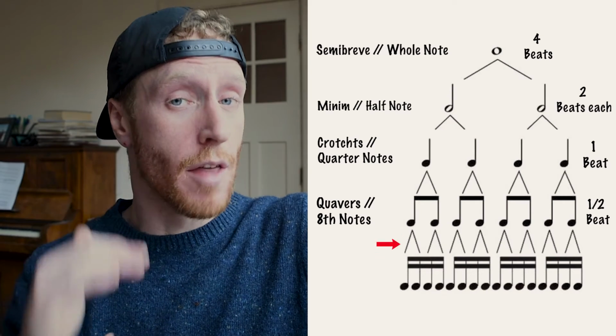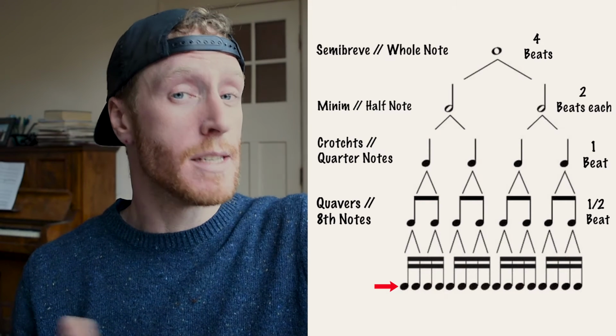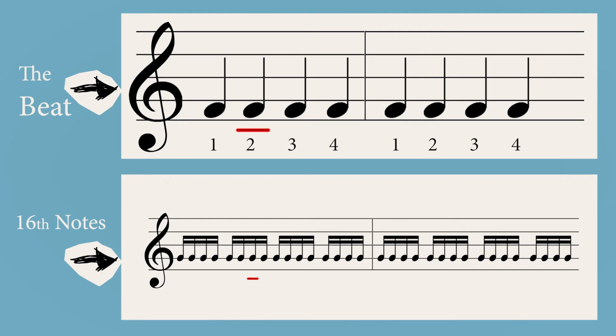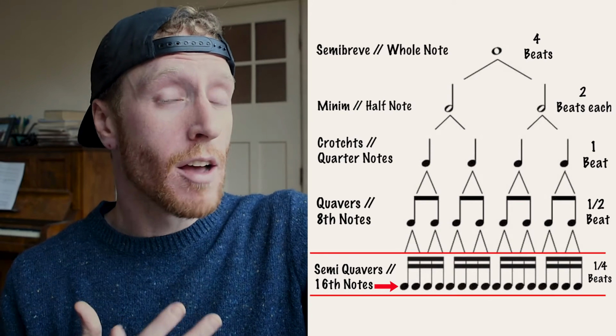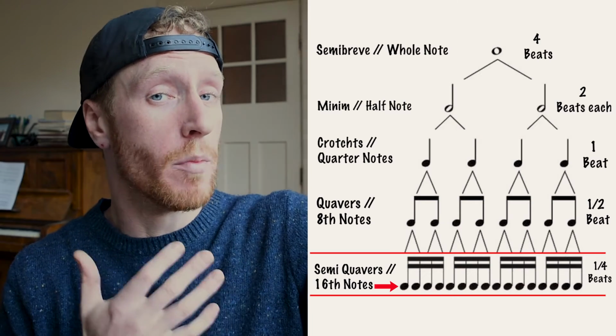So let's go down another line. Again, 4 beats, and we're calling these ones 16th notes or semiquavers. And again, 2 semiquavers equals 1 quaver. So in this line, we have 16 different notes, but it still only adds up to 4 beats.